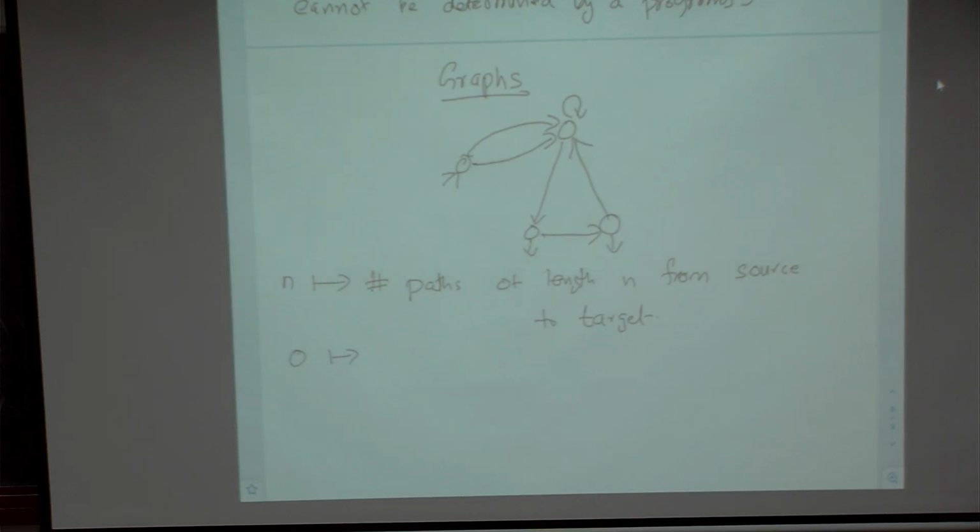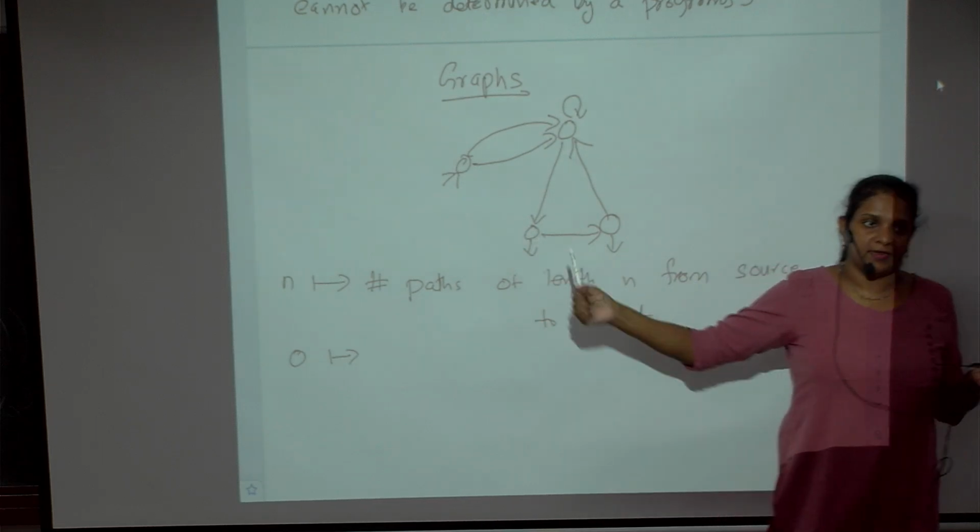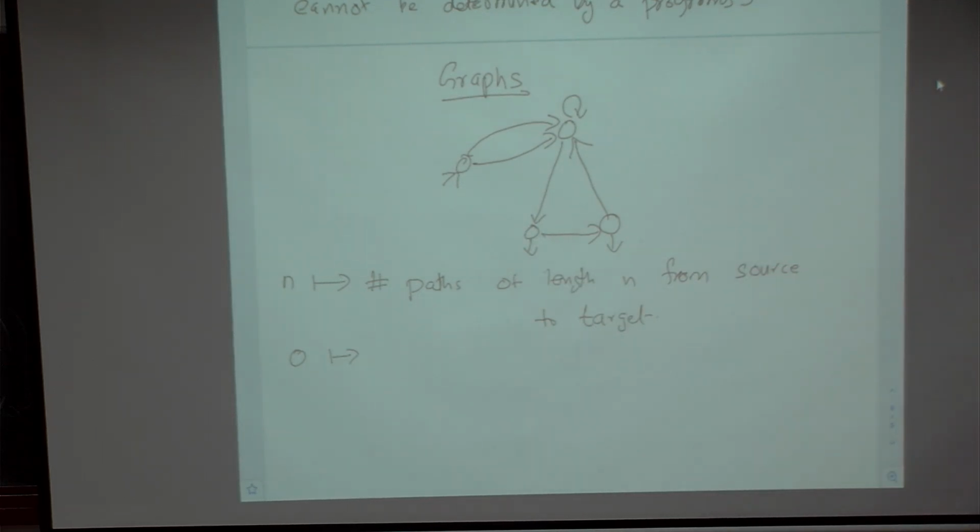There are no paths, or for it to have any path of length 0 from initial to target, the initial should also have been target. That is possible. If that was the case, then that would have been 1. In this particular graph, that is not the case. So 0 would get mapped to 0. What about 1? How many paths do you have of length 1 from initial to final? 0. What about length 2?